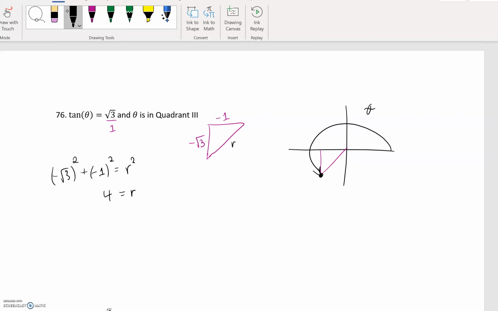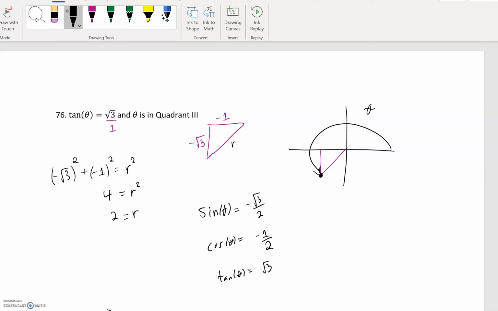Solving for r here, you should end up with r equals 2. Now that you have all 3 sides of this triangle, you can find the trig functions evaluated at theta. So sine of theta, this is going to be y over r. Cosine theta is going to be x over r.